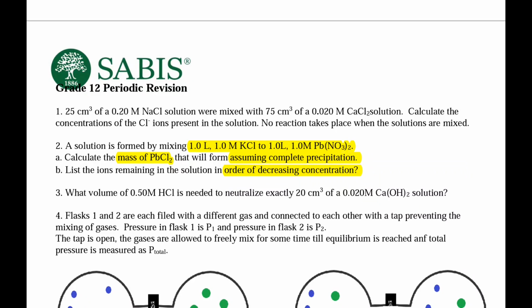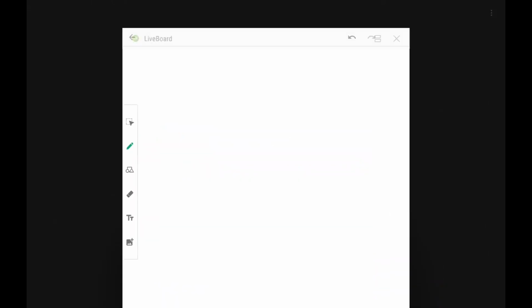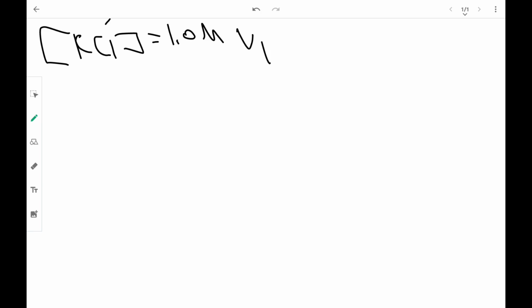A solution is formed by mixing 1.0 liters of 1.0 molar KCl with 1.0 liter of 1.0 molar Pb(NO3)2. Part A says, calculate the mass of PbCl2 that will form assuming complete precipitation. Okay, so first we write the given, which is concentration of KCl is 1.0 molar, with the volume being equal to 1 liter.